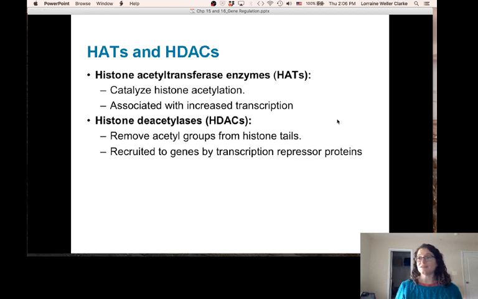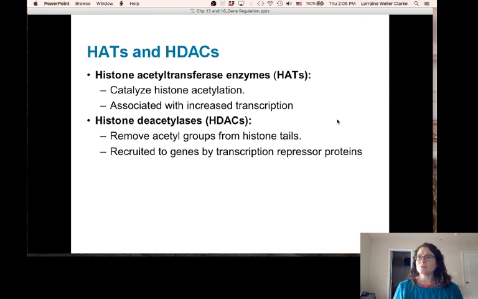Remember that even though we don't have the exact same setup of those operons as bacteria, we do still have these little proteins that are transcription repressors. There are some places where they can block the promoters, but we don't have operators in the same way that bacteria do.